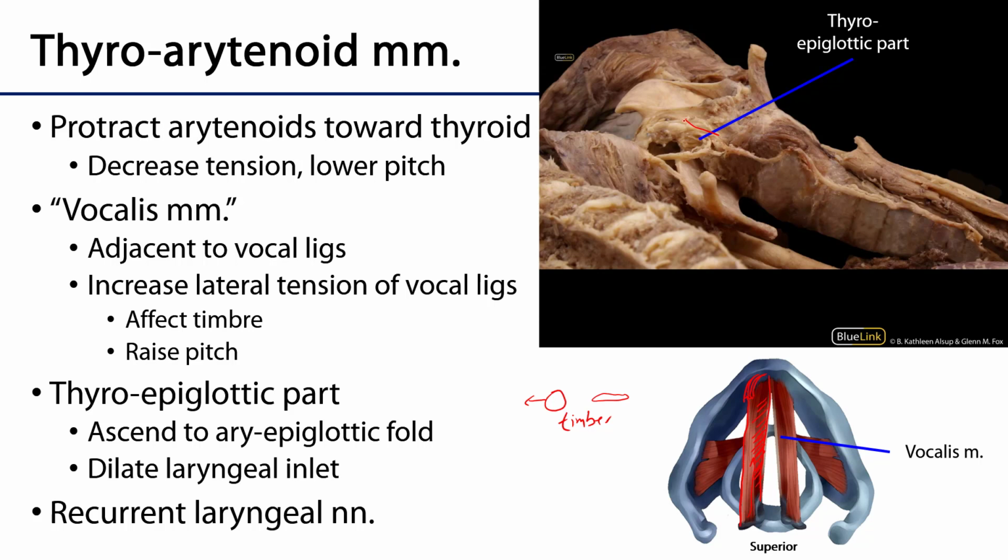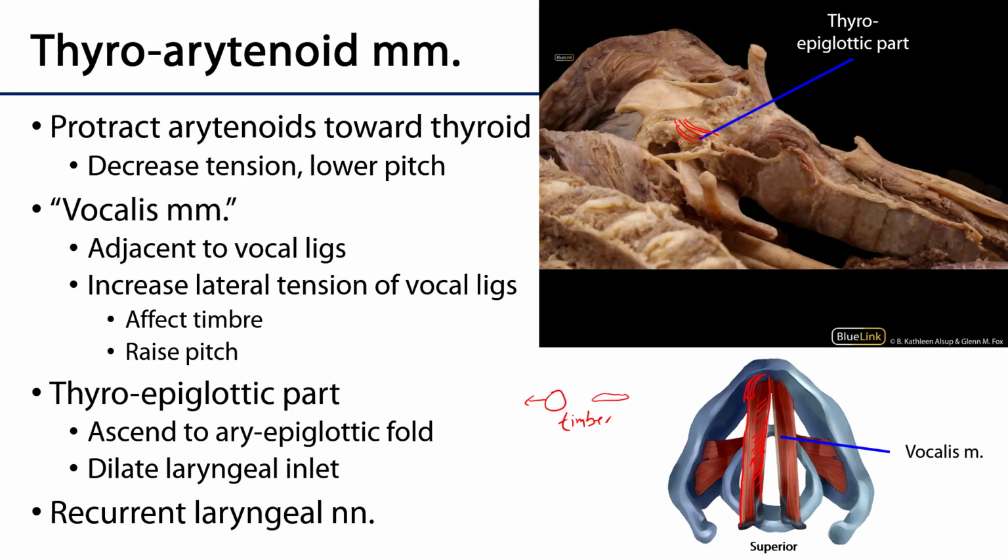These are the thyroepiglottic part of the thyroarytenoid muscle, and these would actually work in concert with the aryepiglottic parts of the oblique arytenoid muscles to help shape the laryngeal inlet.